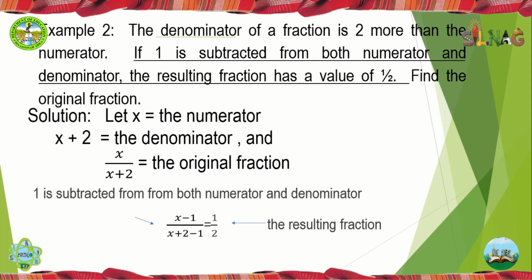Then next, we have to formulate the equation. So, we have to translate the underlined statement into an equation. If 1 is subtracted from both numerator and denominator, the resulting fraction has a value of 1/2. So therefore, the equation now is x minus 1 over x plus 2 minus 1 is equal to 1/2.